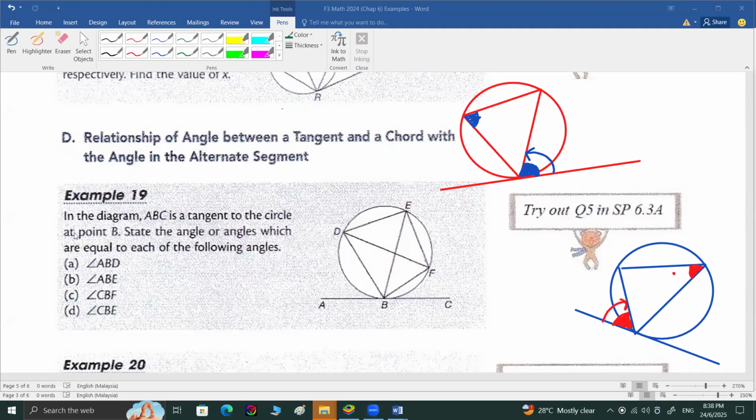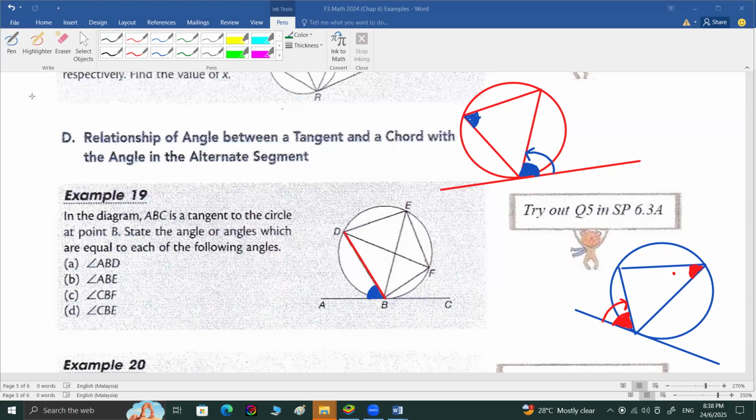I explain now. The question asks you to find ABD. So we see ABD here. Now, ABD touches this line. See, it touches this line.